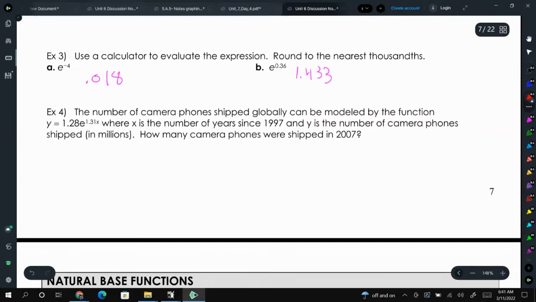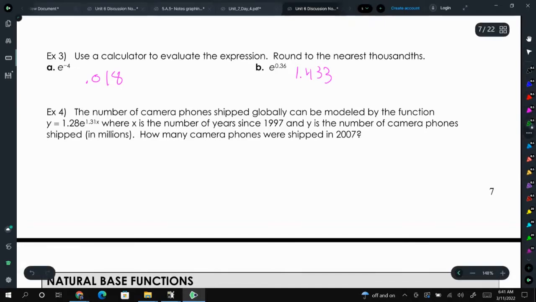The number of camera phones shipped globally can be modeled by the function. And we have that function there, where x is the number of years since 1997, and y is the number of camera phones shipped in millions. How many phones were shipped in 2007?